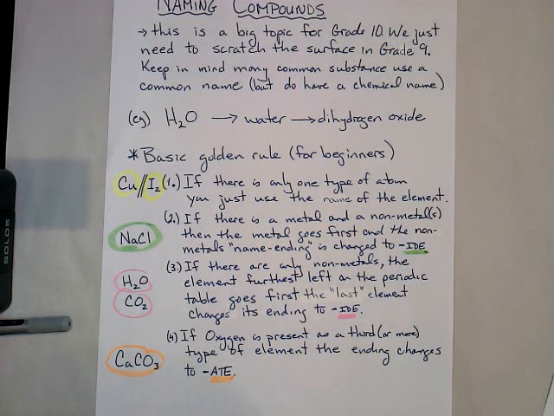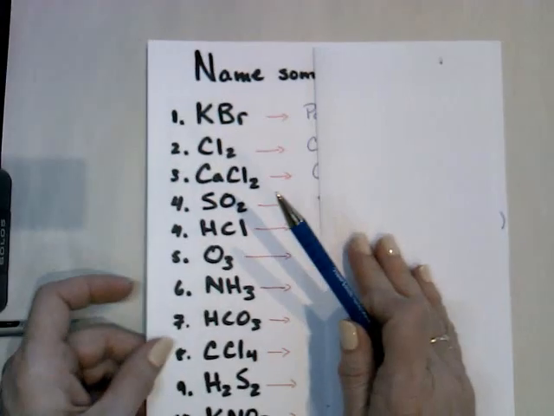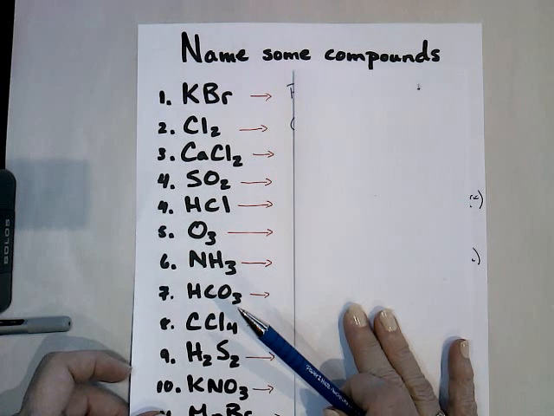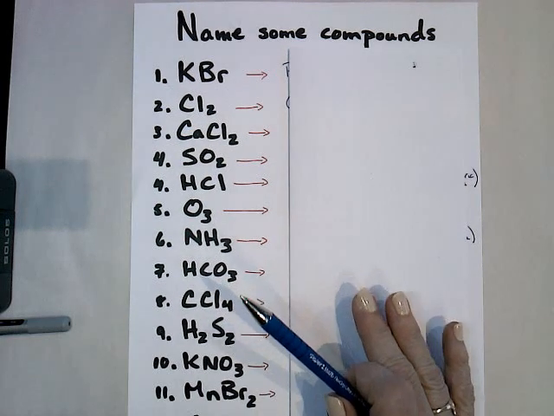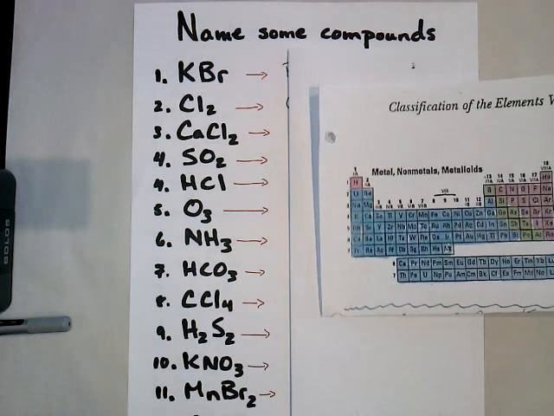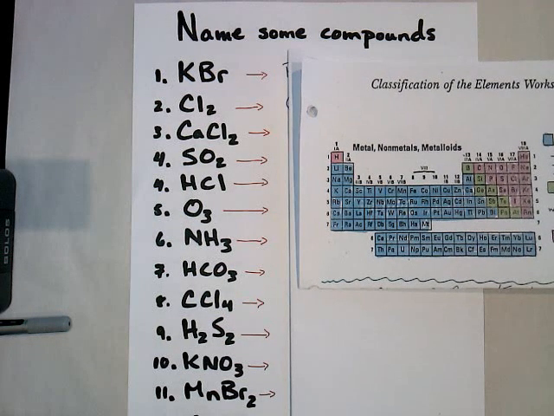But let's just apply that to some examples, remembering that you might want to have your periodic table handy. So I'll move that out of the way, and I'm going to move this in. Okay, and so let's just say, for example, I said to you, well, let's just name some of these basic compounds. And you can see there is KBr.